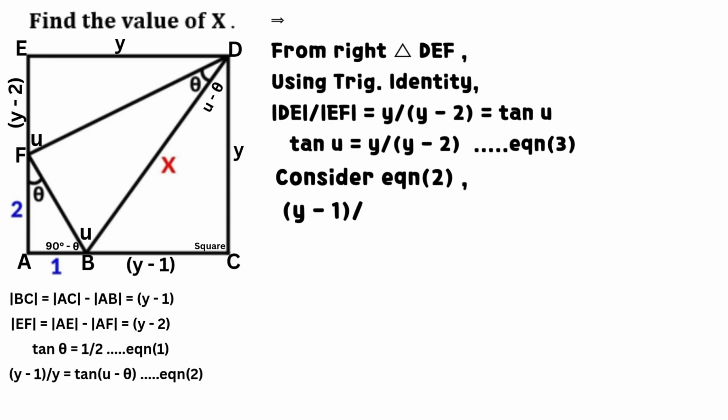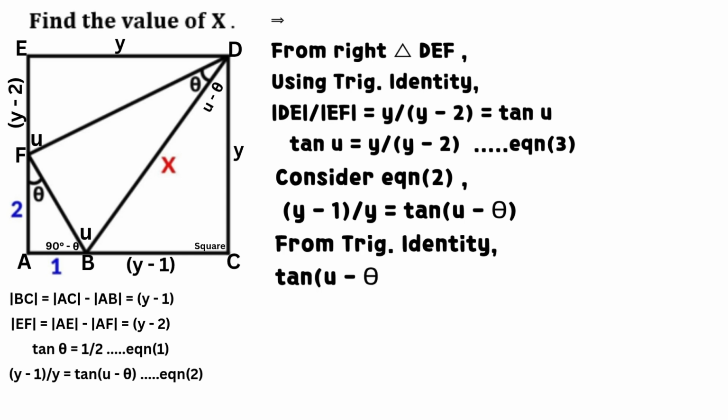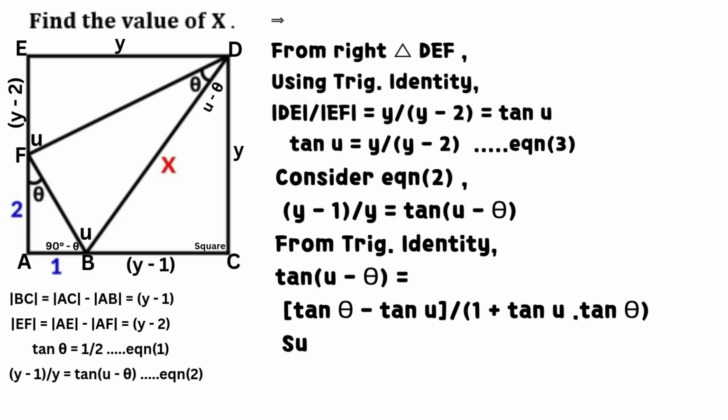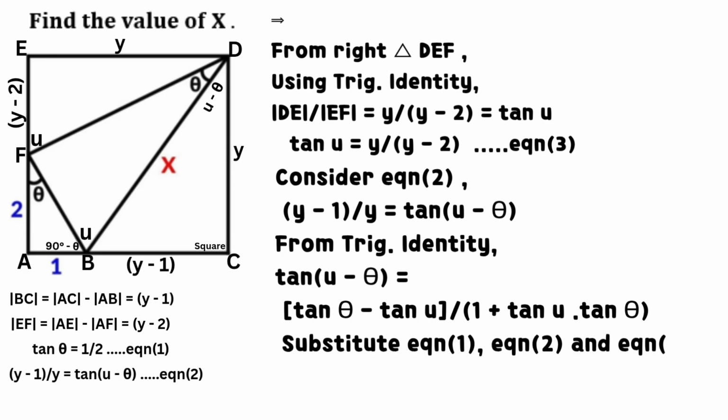Consider equation 2. (y minus 1) all divided by y equals tan of (u minus theta). From trigonometric identity, tan of (u minus theta) equals (tan u minus tan theta) all divided by (1 plus tan u multiplied by tan theta).